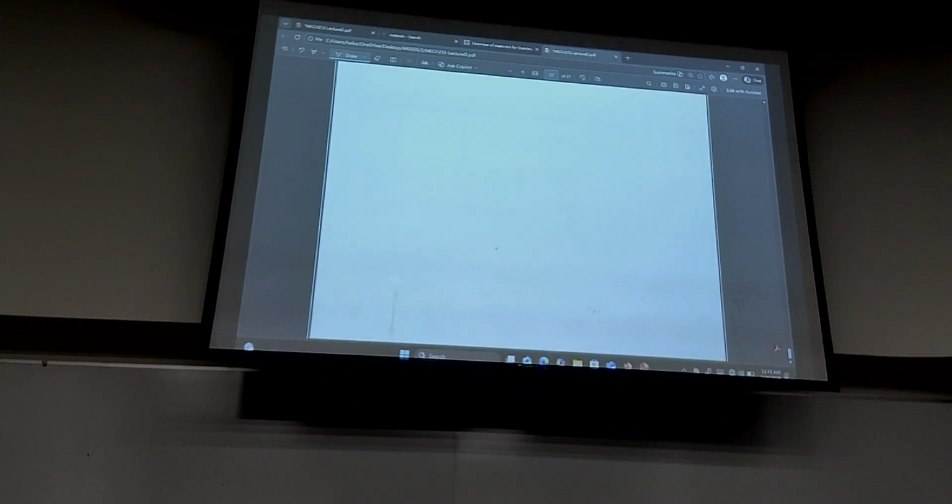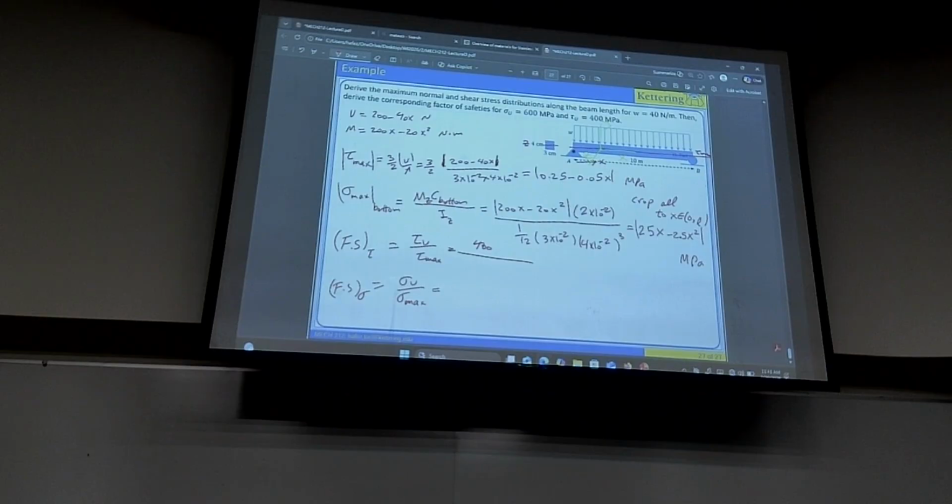Actually, it's already mega, so do not convert it because mega is canceled out. Make sure you do include the absolute value so the factor of safety is positive. You know that the minimum acceptable is 1. When you graph it, if you see any segment below 1, that's unacceptable.